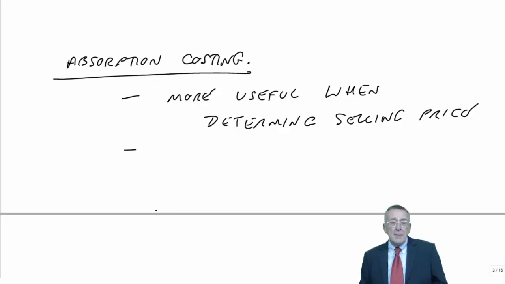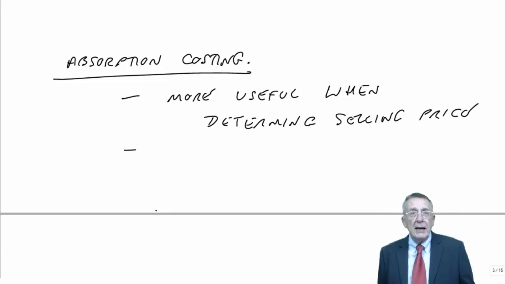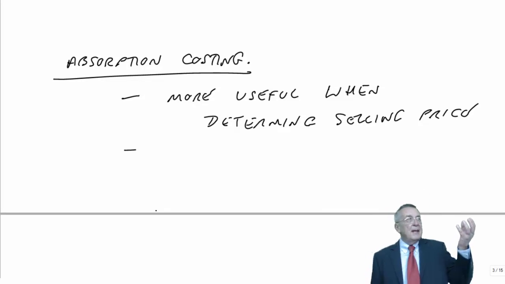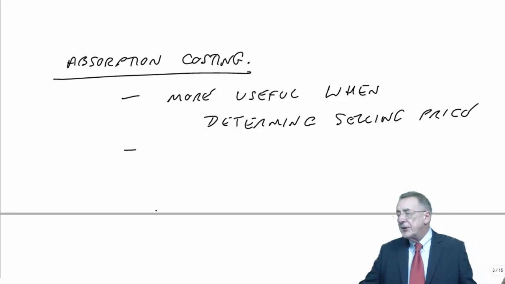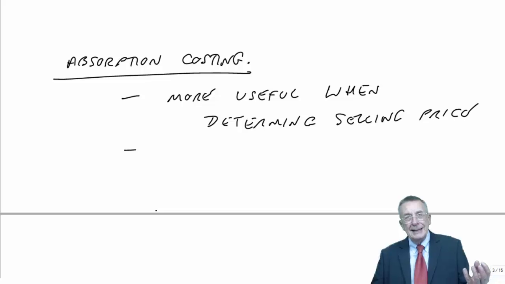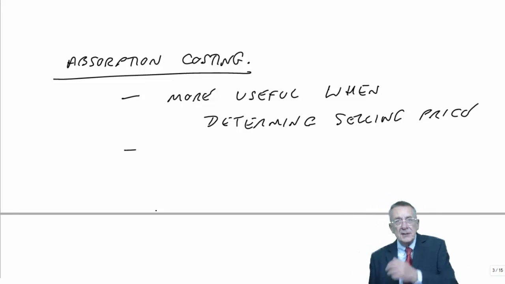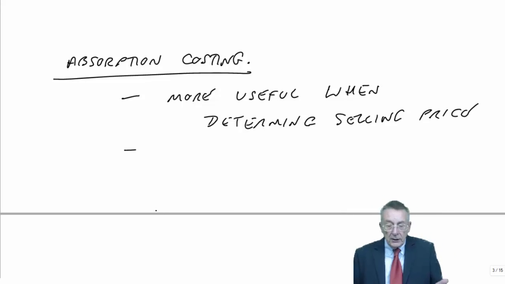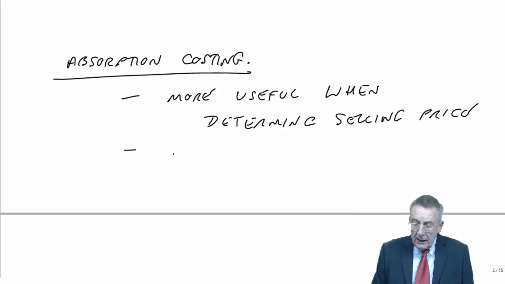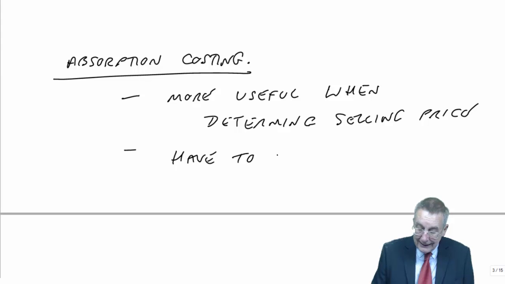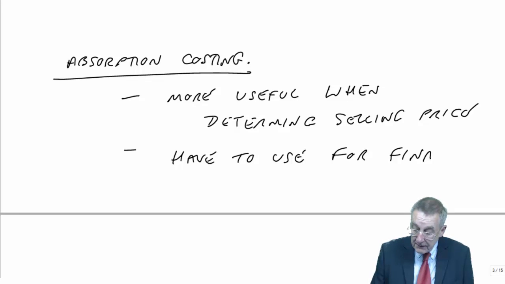But clearly, there can be times when it gets a bit confusing if we're valuing inventory one way in the financial accounts and the same inventory differently in our management statements. Although this doesn't have to be the case, certainly we have to use absorption for the financial statements.